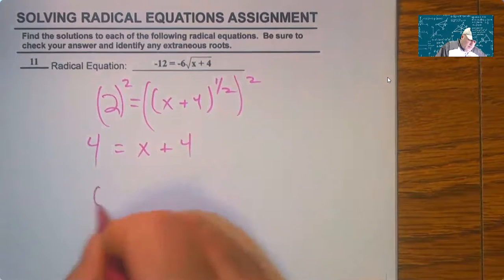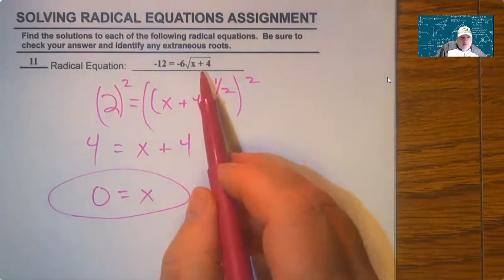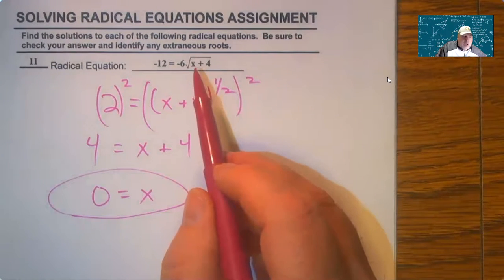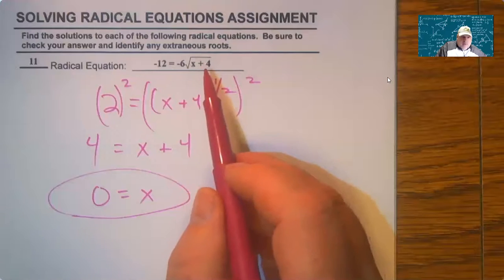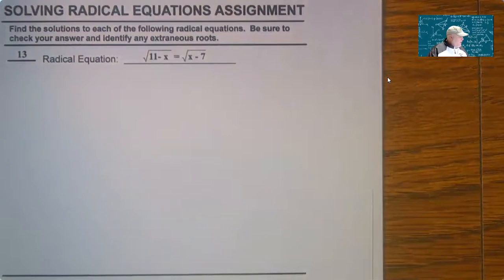So subtract the 4 over. 0, square root of 0. Square root of 4 is 2. 2 times -6 is -12. It does work. So I always check it back in. I thought on that one, we might have had something that did not work.